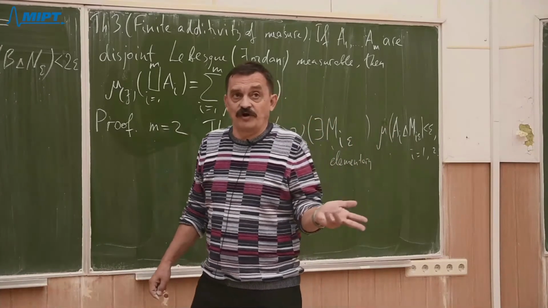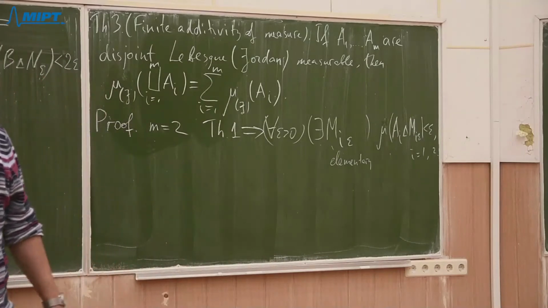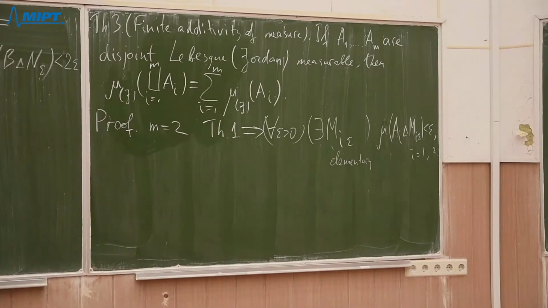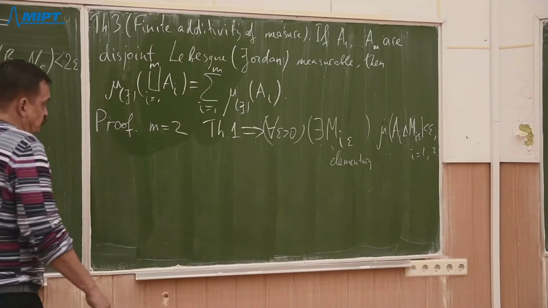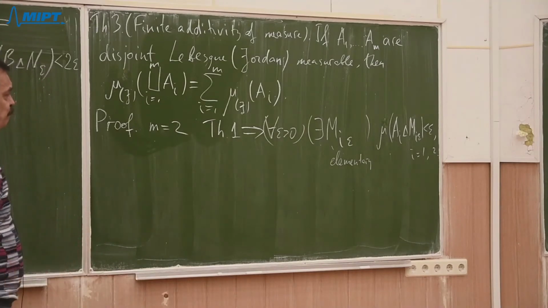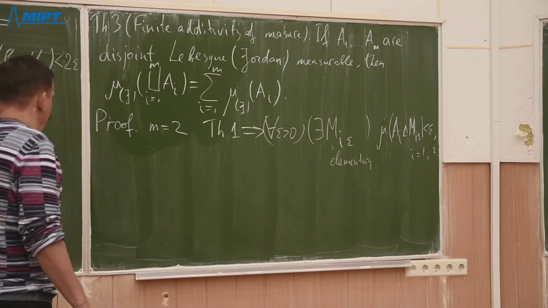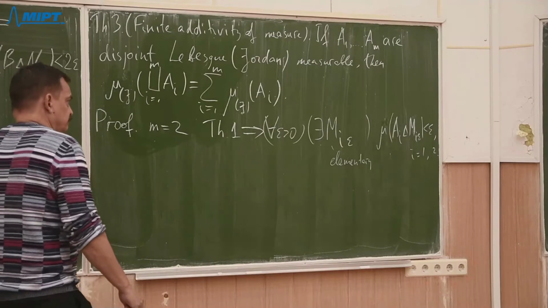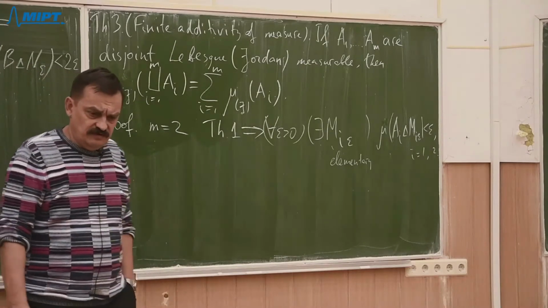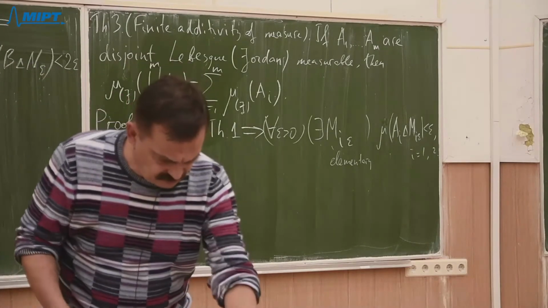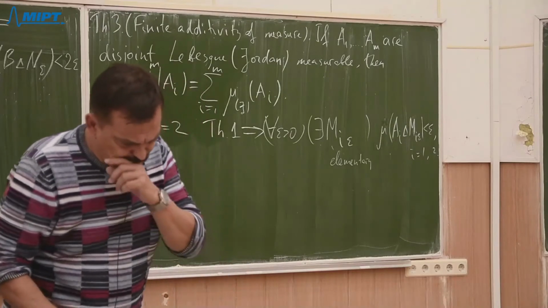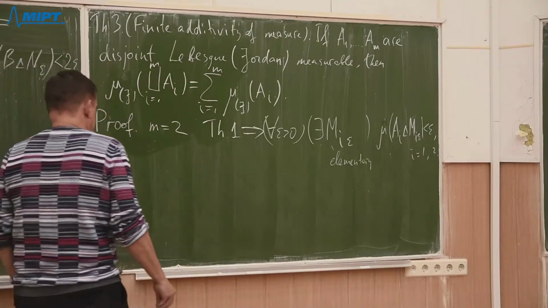Hence, instead of outer measure, we can write measure. Okay. So let me write many inclusions. I need many inclusions now, for all of them.